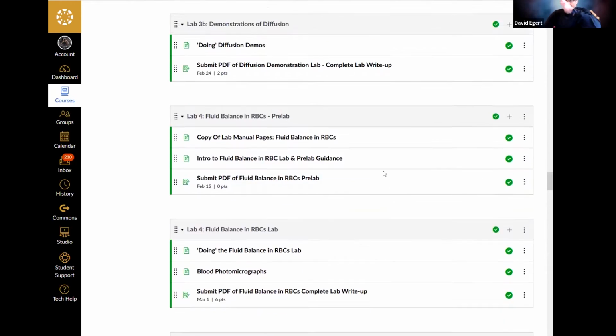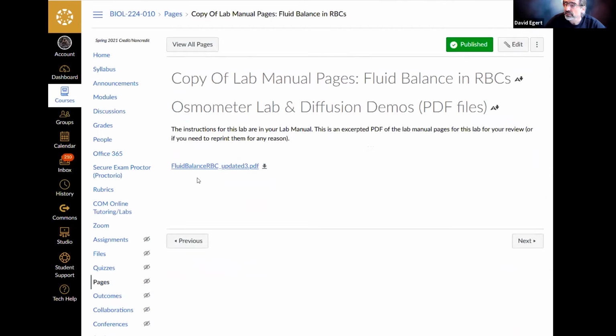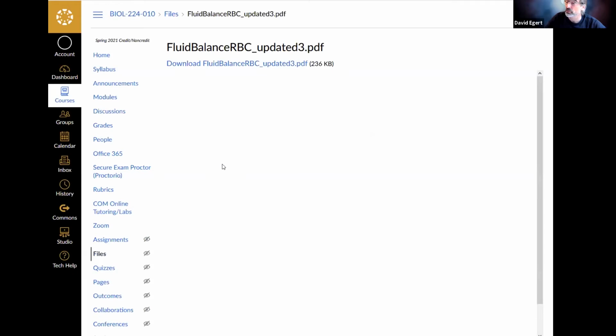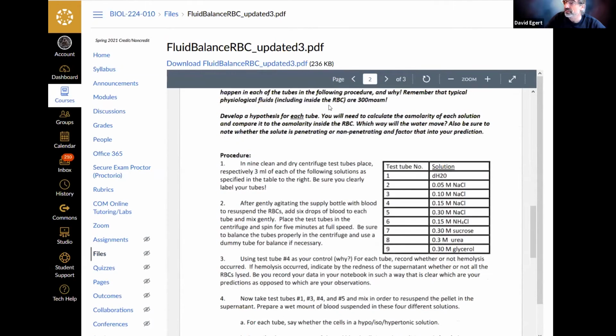Okay, so fluid balance and RBCs, pre-lab. This is a copy of the lab manual pages, this PDF. If you want a copy of the instructions that actually have the correct order and correct concentrations, you can just print out page 2 of this, or you could just scribble it out on the one you have.